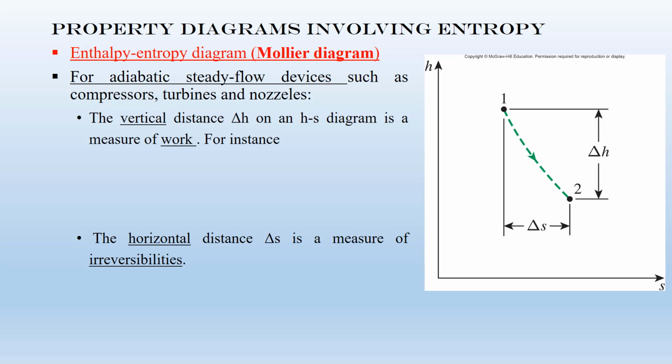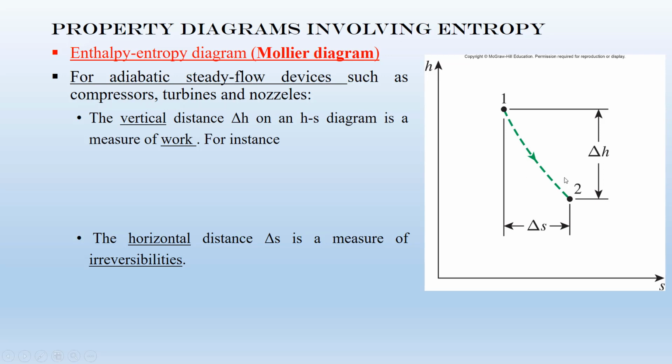If you have the Mollier diagram, the vertical distance for the delta H between point 1 and point 2, assume that you have the HS diagram and you move from point 1 to point 2, for adiabatic steady flow devices this vertical distance represents the net work per unit mass.